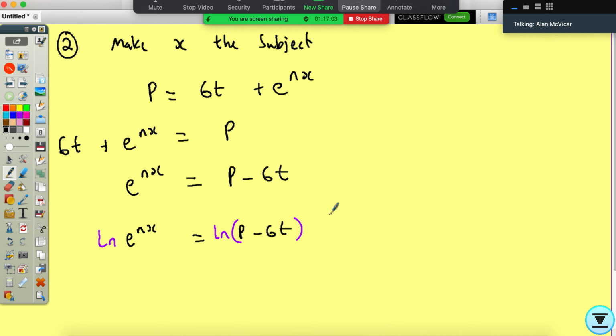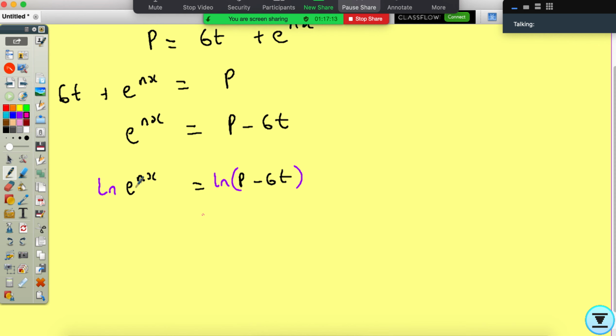Right, so a bracket always helps us. So your ln and your exponential cancel, and your nx drops down. So we're left with that formula there.